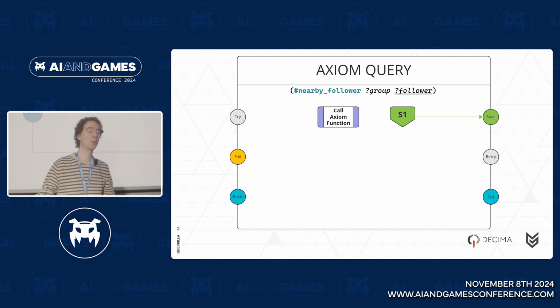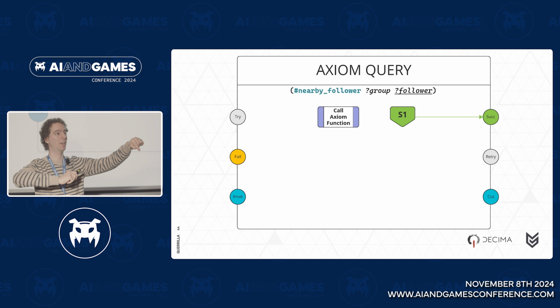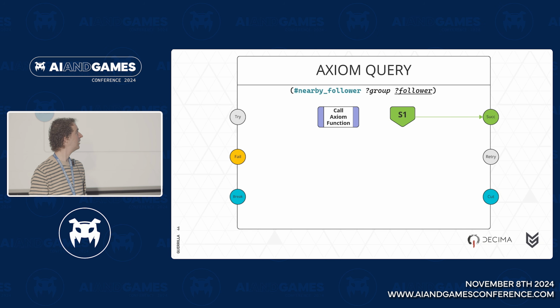So from a call stack point of view, you'll have your method function calling into your Axiom function, calling into your method function again, and then jump here. Let's make that a possibility.